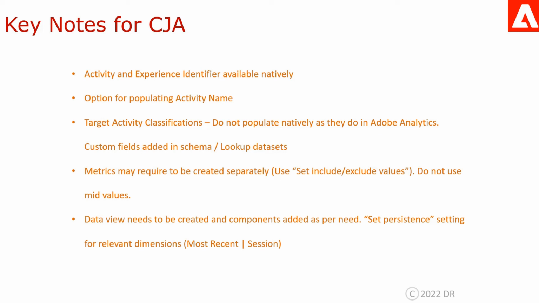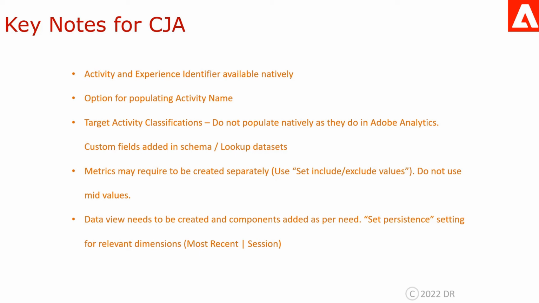And then the next one is you may need to create your metrics separately. Do not use mid values. For example, you just saw the engagement custom metric, right? The engagement custom metric was created using this setting called set include or exclude values when I was creating the metric.